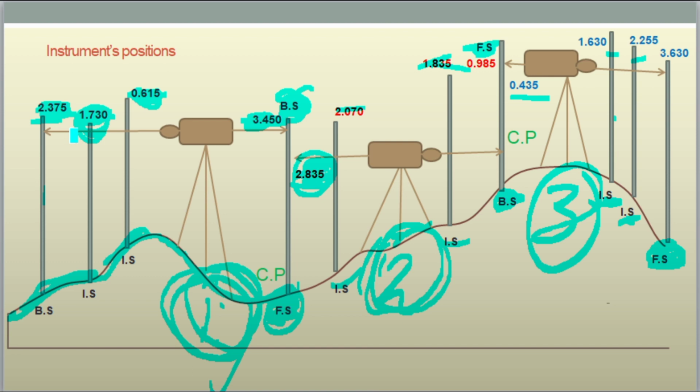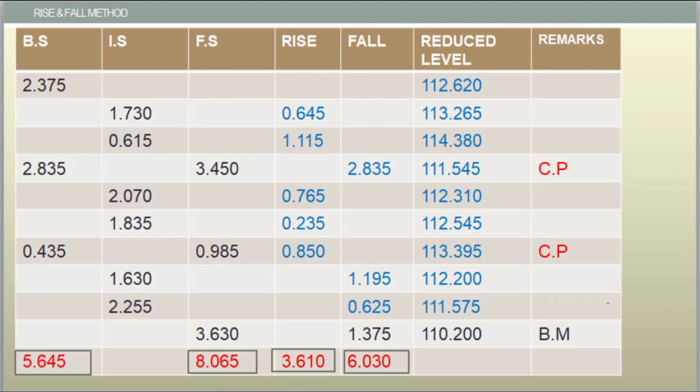So you remember that. The instrument on our first reading maintained the same position. On our second reading, it maintained the same position. Our staff either moved up or down according to the hilly value of the place. So that's where we have the rise and fall method coming in place.